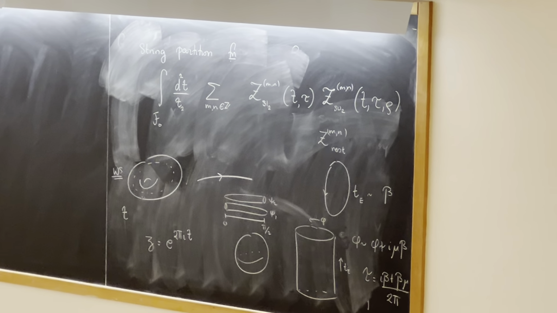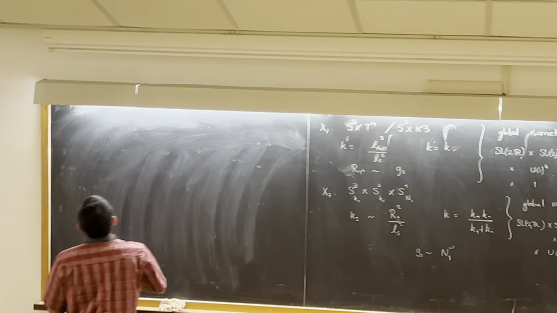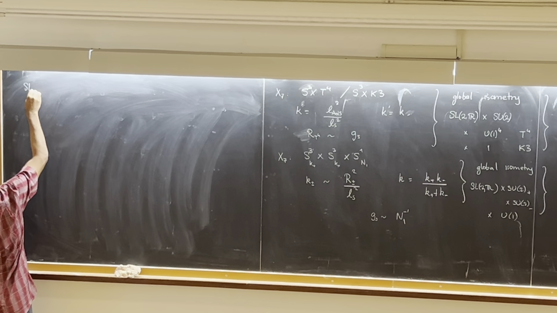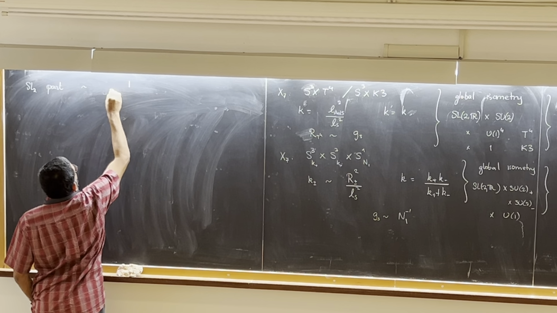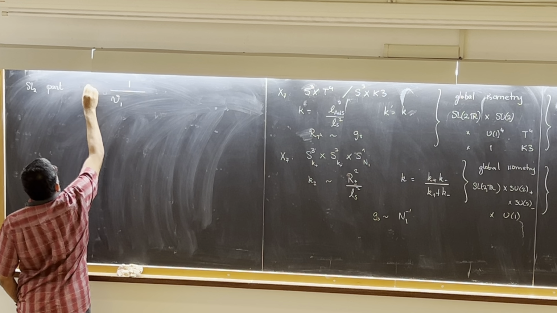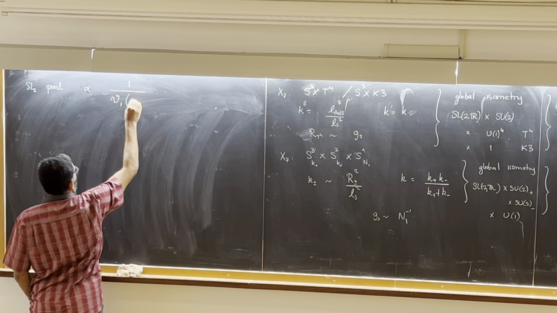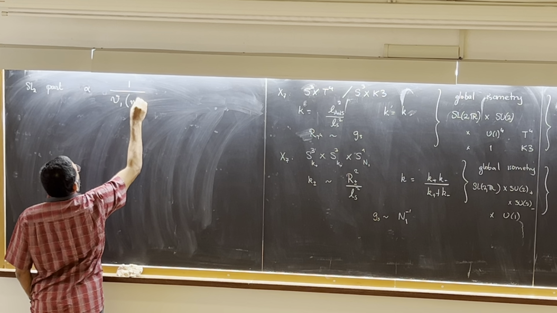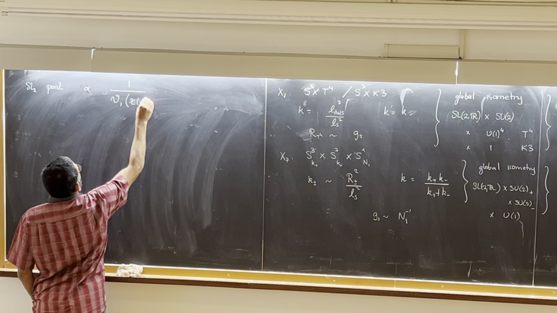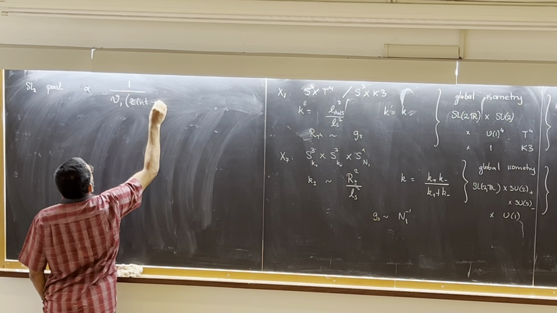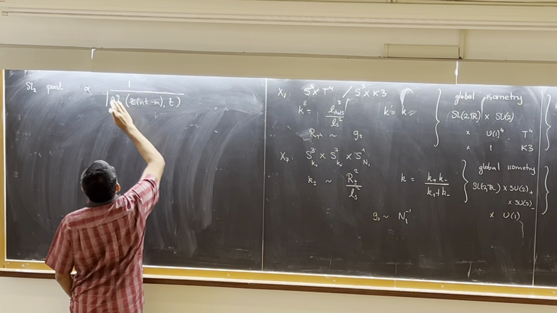There's one subtlety about the SL2 part, so I'll roughly write it out. The SL2 WZW model partition function roughly looks like, there are some factors which make it modular invariant, but otherwise it looks like a theta 1 of, okay, this is for the holomorphic side.